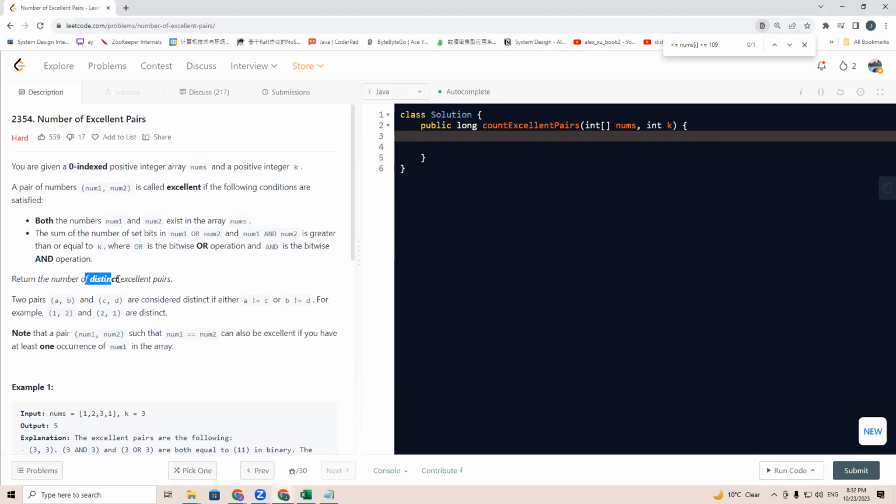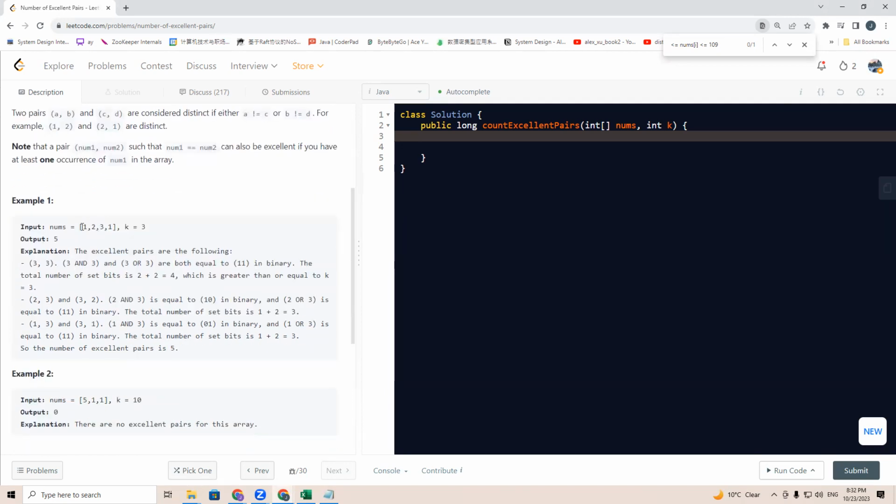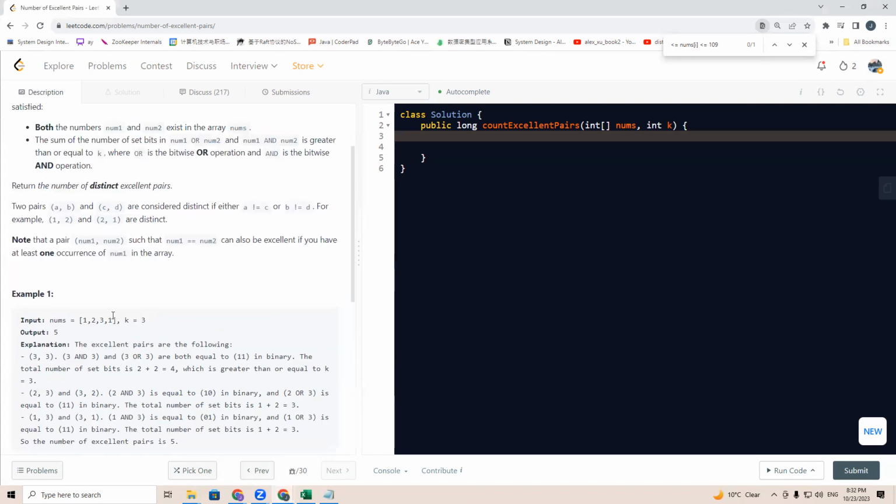It says distinct, that means, for example, this 1, 3. The first thing is that it considers 1, 3 and 3, 1 as two different pairs, but this 1 appears twice, so we say this 1, 3 has only one pair. So we need to dedupe. We just need to consider the distinct numbers in this nums array.